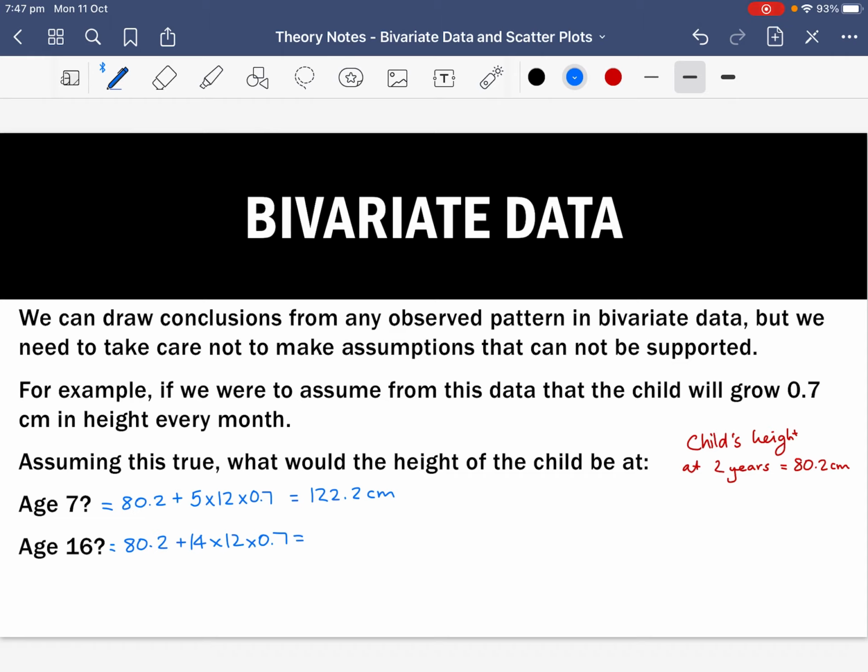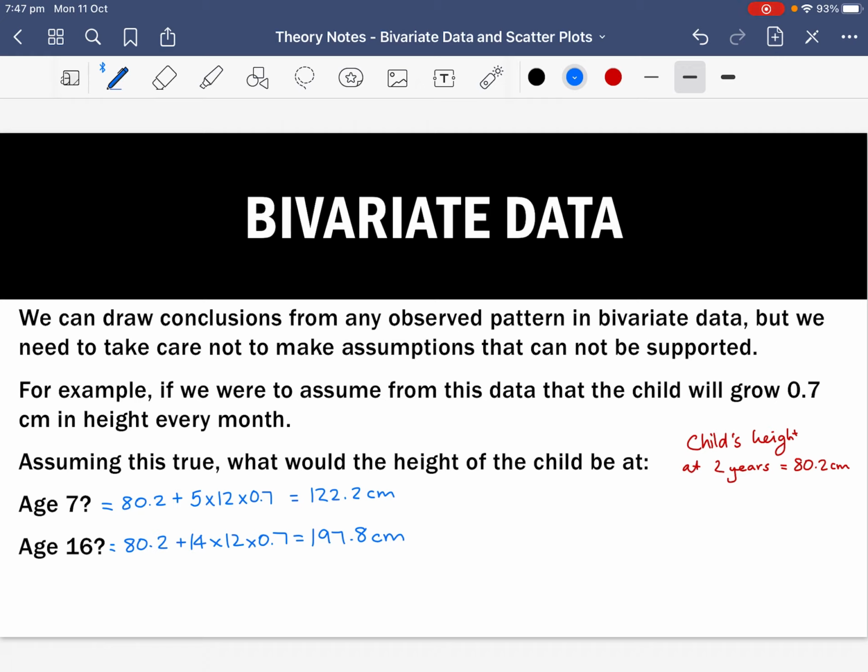So we go 80.2 plus 14 times 12 times 0.7. And we get that the child is 197.8 centimetres tall. So a 16-year-old is approximately 2 metres tall here. So do these heights seem reasonable?